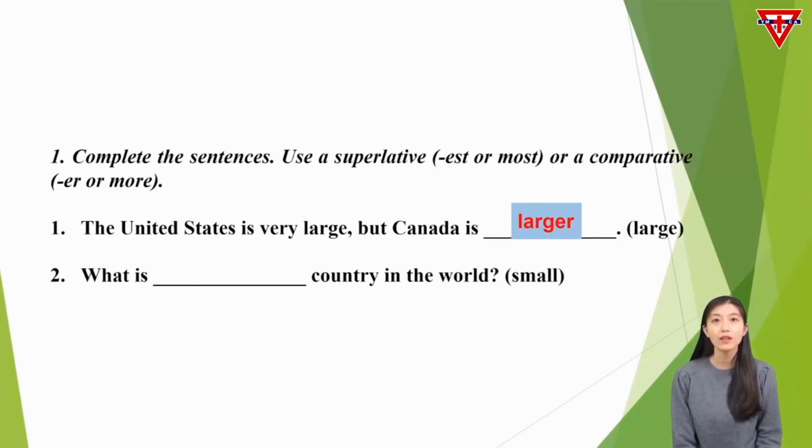Since small is a one-syllable adjective, small becomes smallest. And don't forget to add the before the superlative form. So you have the smallest. The answer is, what is the smallest country in the world?